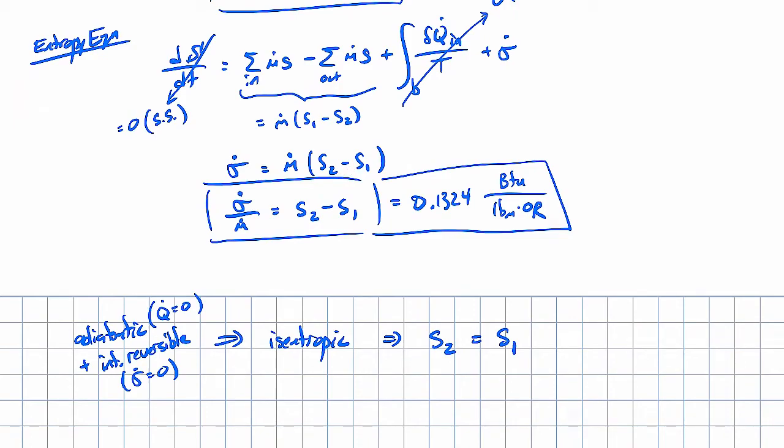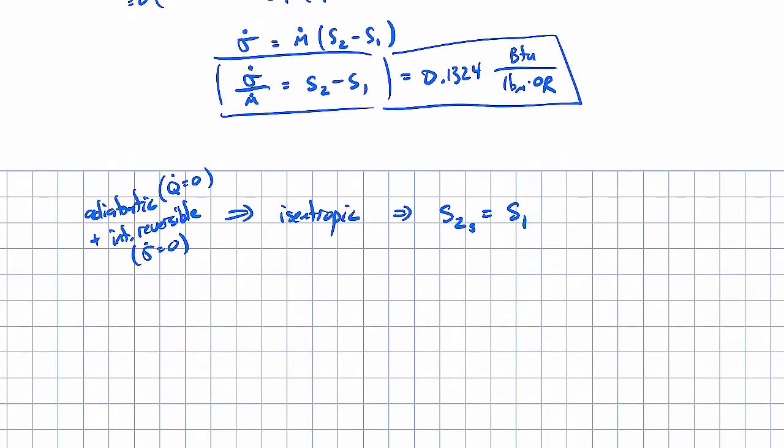To show that this case is a little different from the previous one that we worked out, I'm going to put a little subscript S on the 2 here. What we're saying now is that state 2 occurs isentropically. So when we write out the first law expression for this case, it'll still be W dot out over m dot.